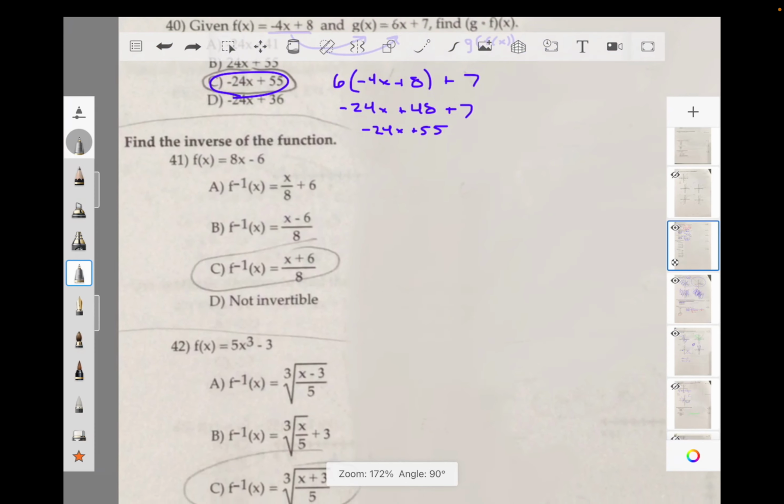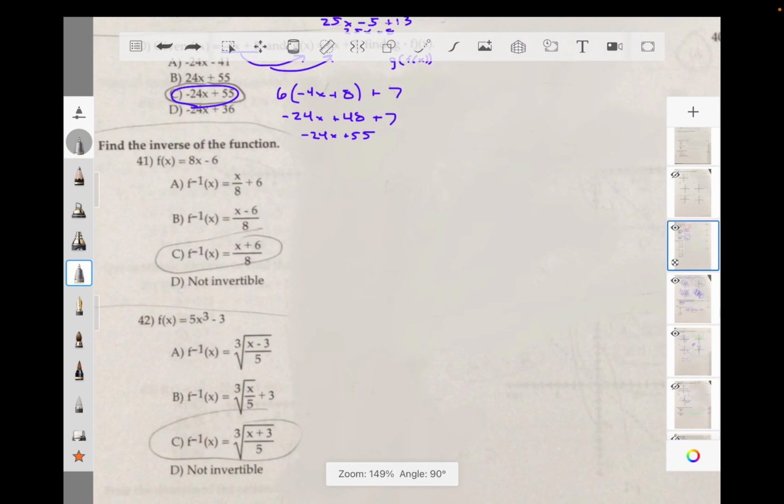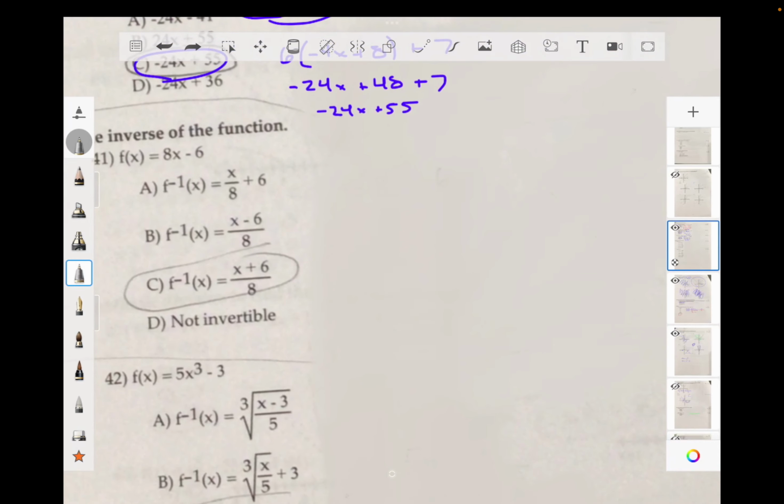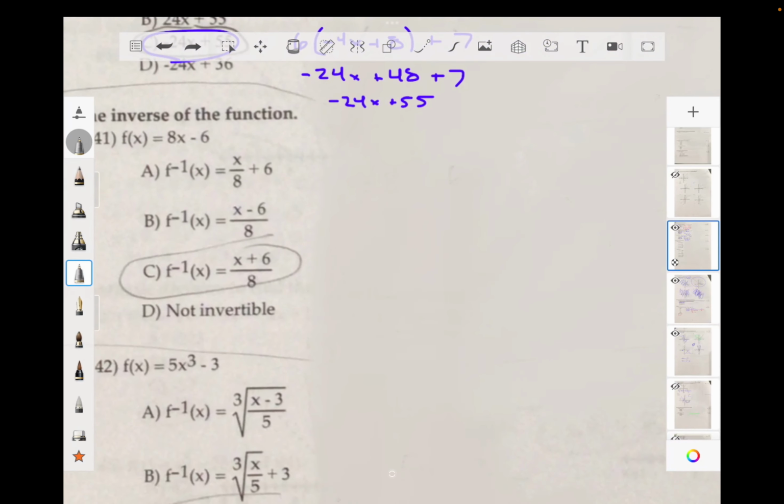Maybe I'm incorrect. Let's do it this way. Let's just set it equal to 0, see what happens.